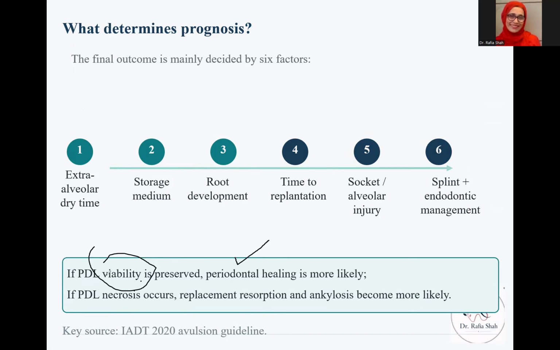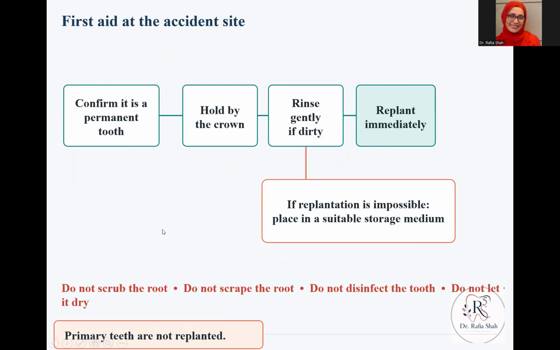But if the PDL is necrosed, broken, then even if we replant the tooth, the end result will end with ankylosis of the tooth, resorption of the root, and the result, whatever we want to achieve, will be less likely. So it is good to try to replant the tooth at the earliest possible, and if the patient is in contact with you soon after the injury, ask the patient to rush to you immediately.